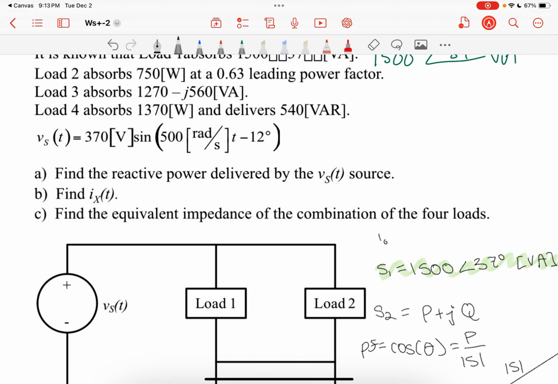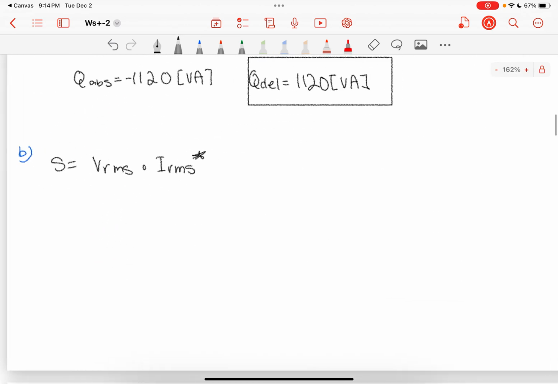So VRMS is going to equal 370 over the square root of 2 with an angle of negative 12 minus 90. I got this from the equation VRMS is equal to V over square root of 2. Then I'm going to rewrite this equation to isolate IRMS conjugate is equal to S total over VRMS.